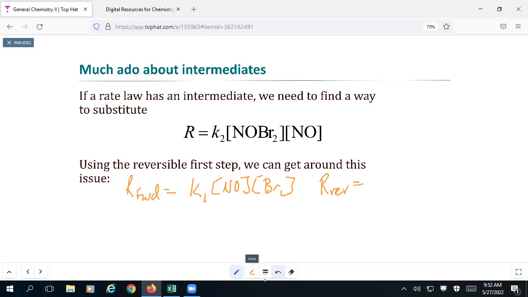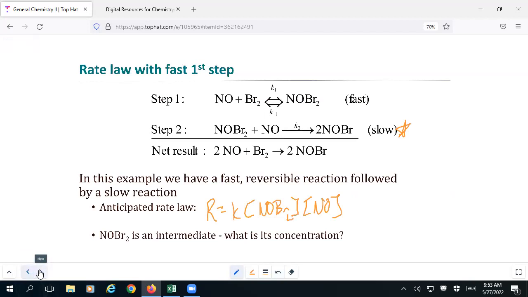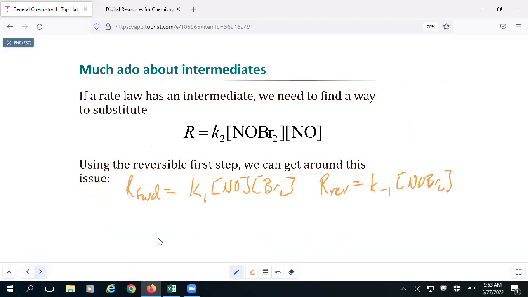The reverse reaction, k-1, is equal to NOBr2. Double check that just to make sure we got it right. We did. Okay, so those are our rates.